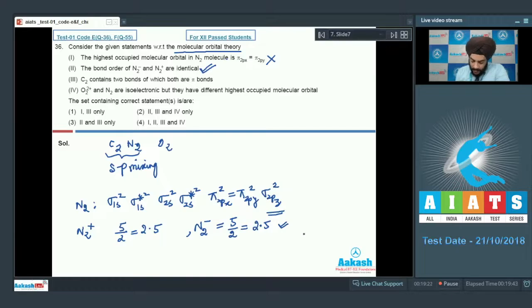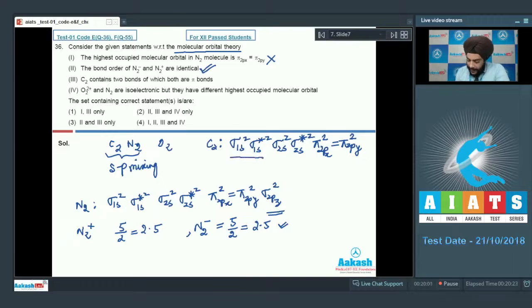Let's talk about C2 now. C2 has 2 electrons less than nitrogen. So the configuration of C2 will be sigma 1s2, sigma star 1s2, sigma 2s2, sigma star 2s2, pi 2px equal to pi 2py, and both this pi 2px and pi 2py are going to have 2 electrons each.